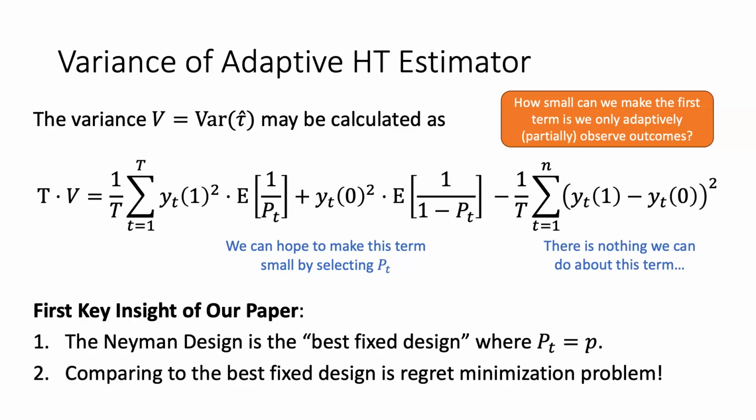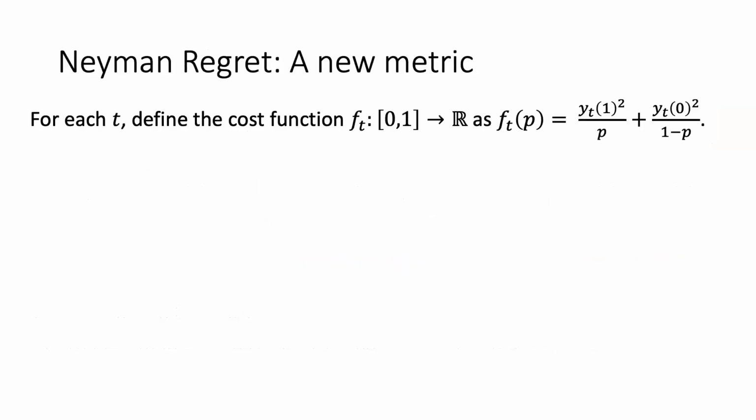Okay. Awesome. So let me define a new metric. It's a certain type of regret that we're calling Neyman regret here. For each t, let's define this cost function f_t, which maps a probability into the reals, some kind of cost, as follows. For f_t, that cost will be y_t(1), the outcome under treatment, squared, divided by p, plus the outcome under control squared divided by 1 minus p.